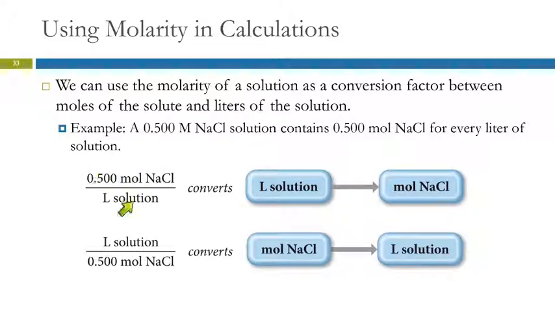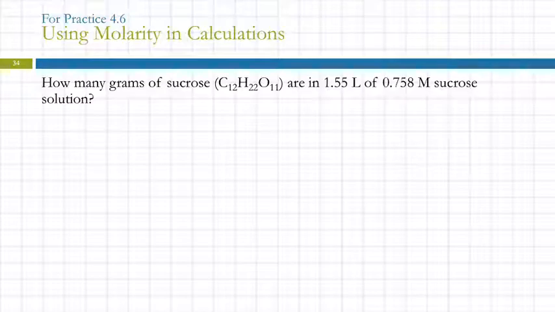So write it out like this. So this now is a conversion factor, right? Moles per liter. So we can use this to convert from liters of solution to moles of sodium chloride. We can flip it upside down and go from moles of sodium chloride to liters of solution. So molarity is a very useful conversion factor.